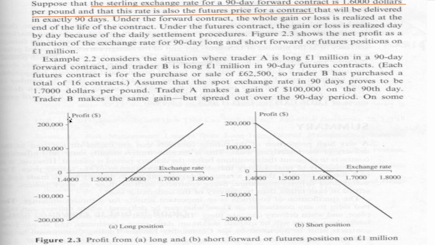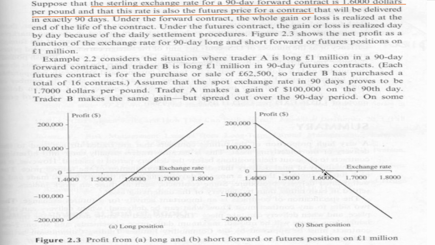You can have a gain or you can have a loss. Okay. Now here's the short position. Along the horizontal line is our random variable, the underlying asset, S capital T, from 1.4 up to 1.8. If it's 1.6, at the money, the same thing. So you have no gain, no loss.